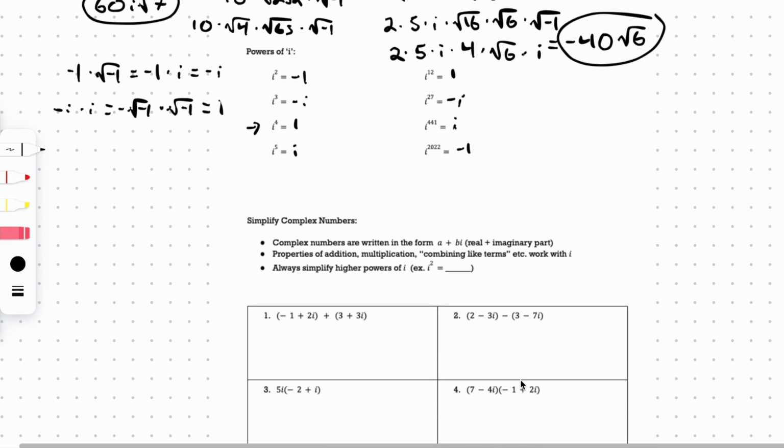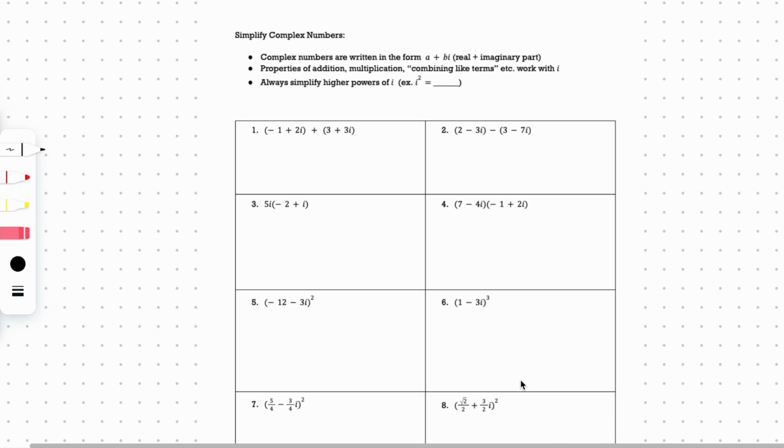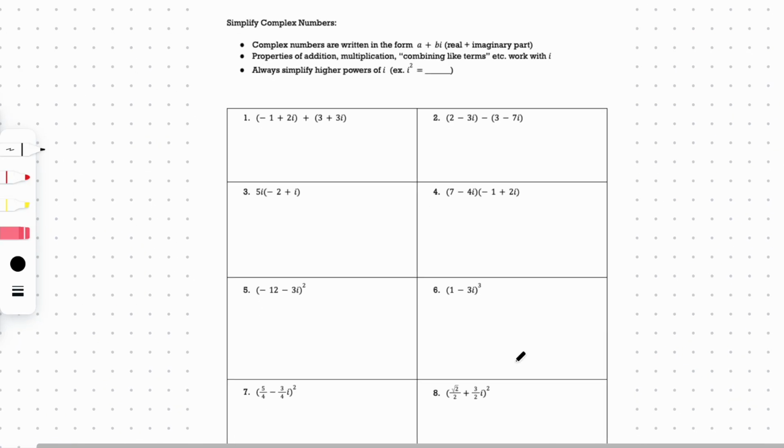Okay, let's move on to simplifying complex numbers. So we just want to keep in mind that when we're writing complex numbers, we want it to be in the form of a plus bi. So our imaginary term is going to be our second term.